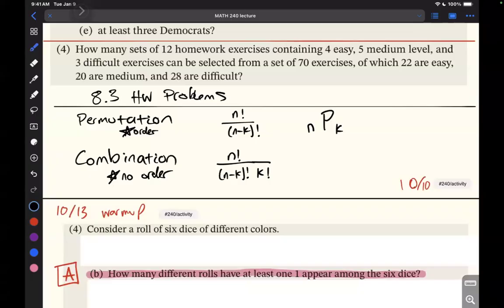For combinations, we don't care about the order of the subset. And so that's why we divide by the k factorial. And so we write this nCr, or also C(n, k). So that's how we write that.